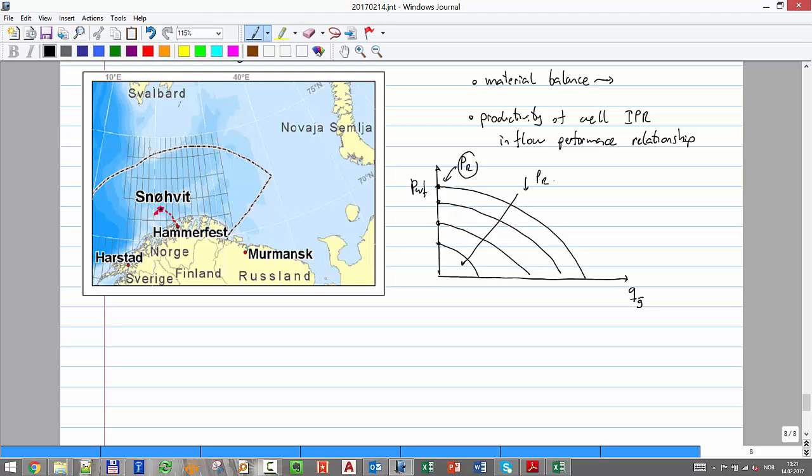We are going to use one particular expression for the gas IPR, called the back pressure equation. The equation is Q of gas equals C of the reservoir, the back pressure coefficient, times PR squared minus PWF squared, to the power of n.